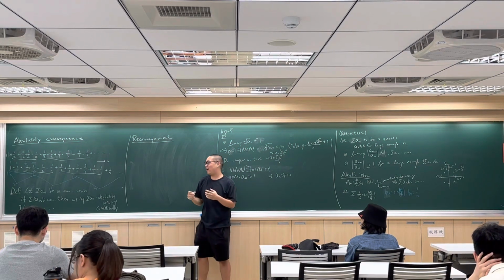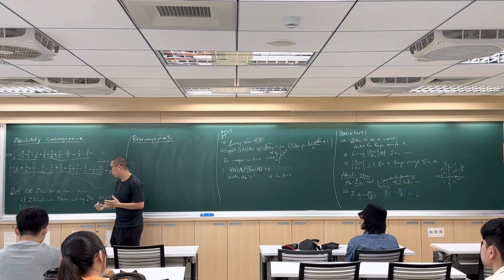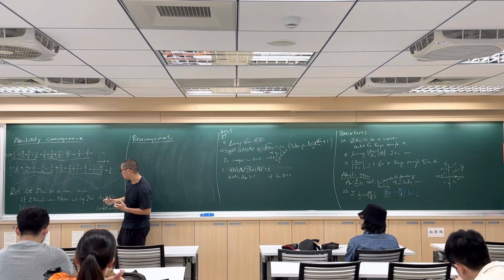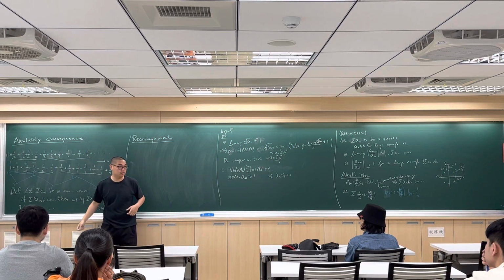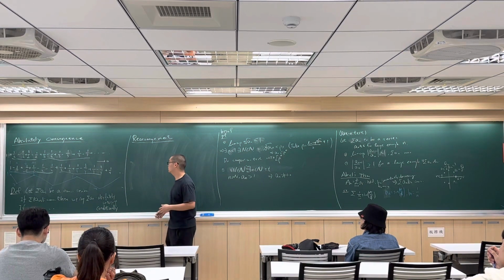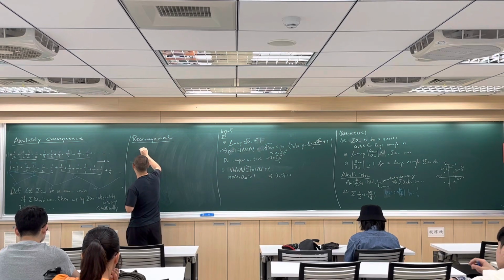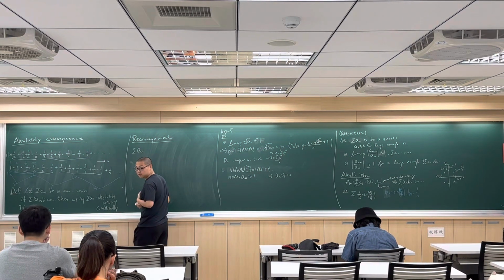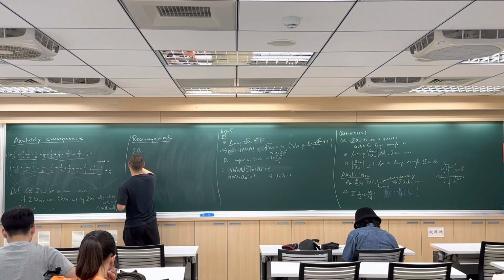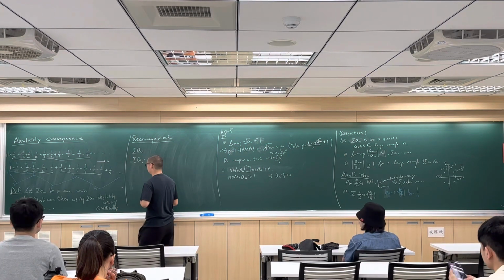So, I'll tell you about how it works. If this one converges, say A is the original series and A_j prime is the new series.